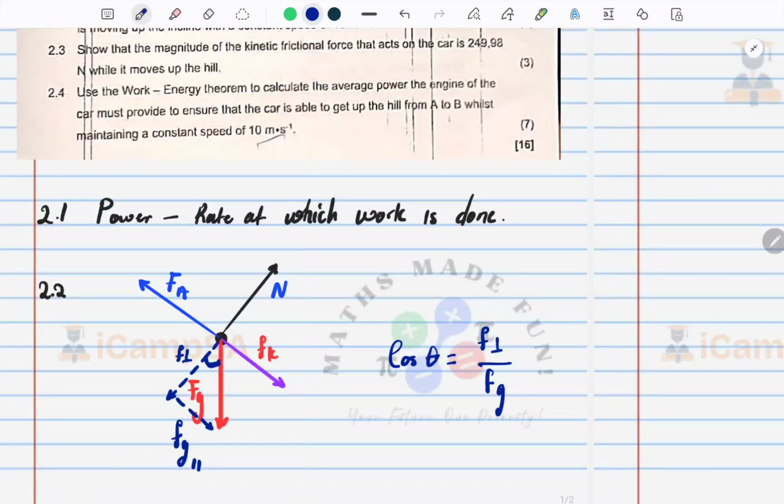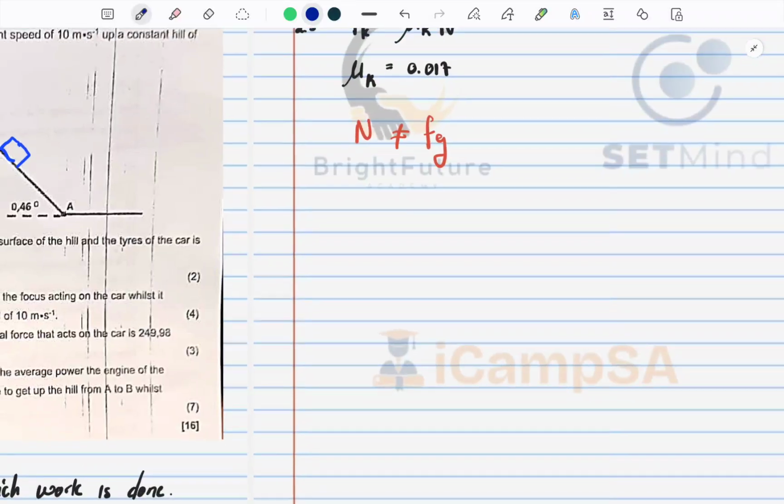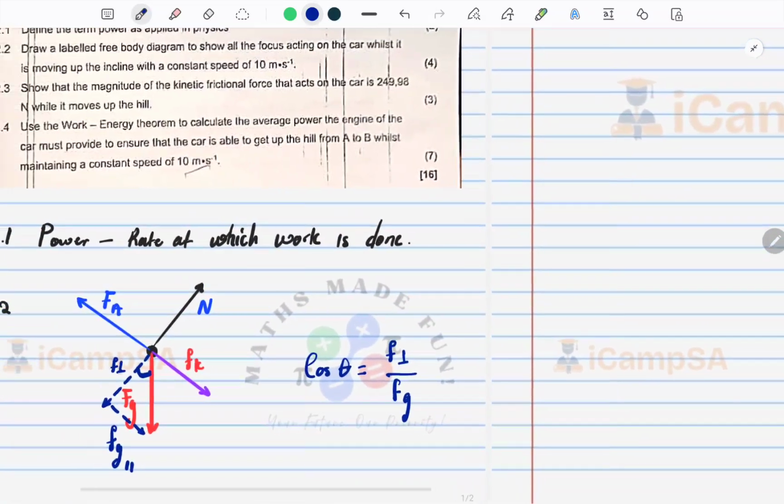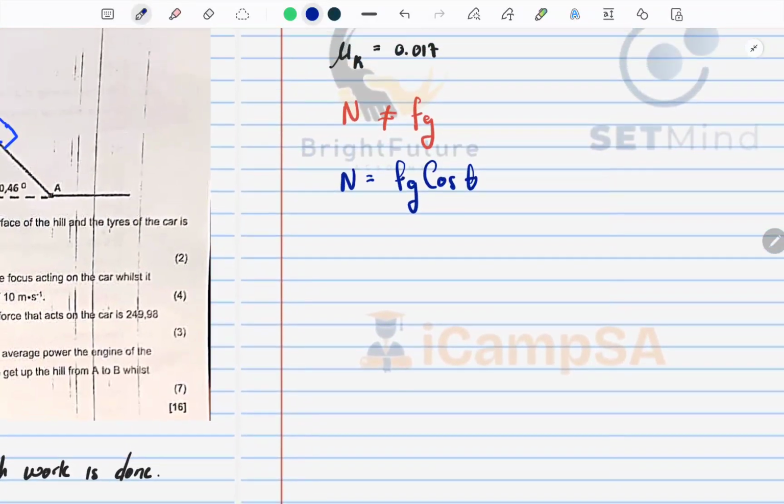So this one will work for us. Remember your components of weight, how you calculate them. In this case, your normal force is going to be your Fg cos theta. This is just simply cross multiplying, because Fg perpendicular is equal to Fg cos theta. That's how we get to that.